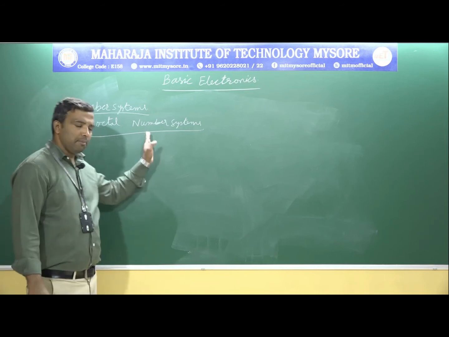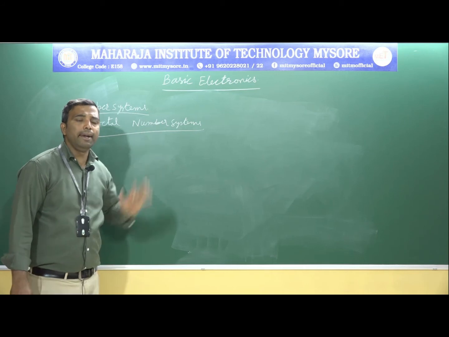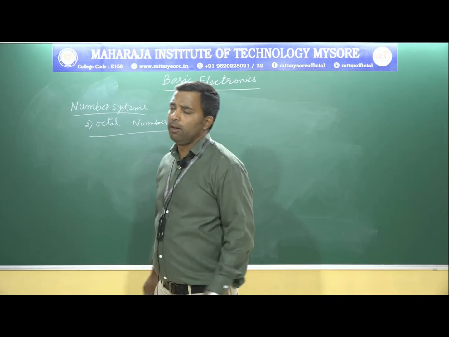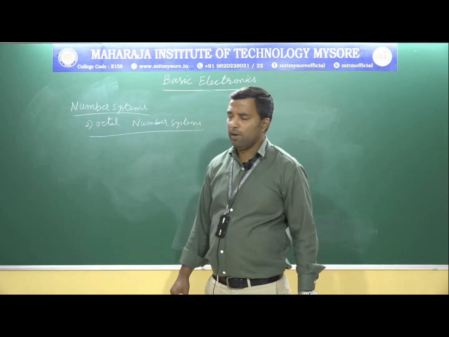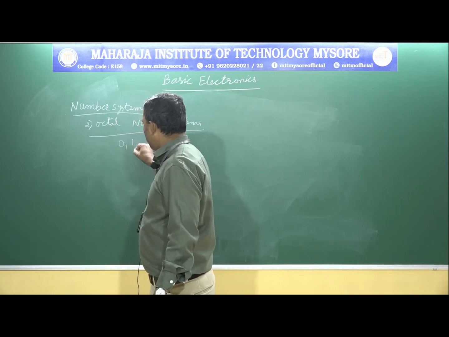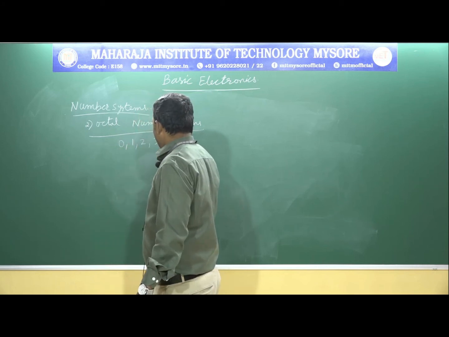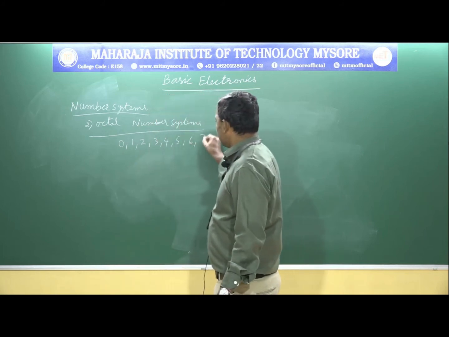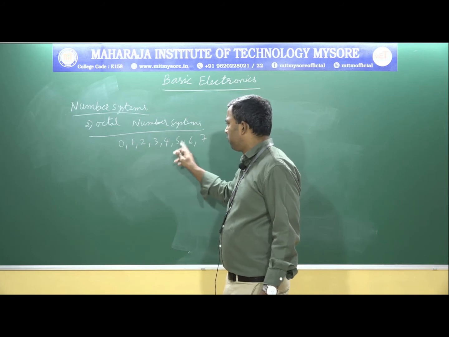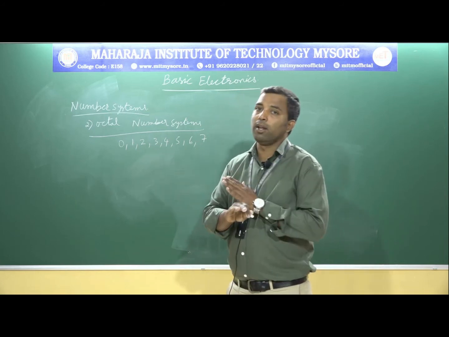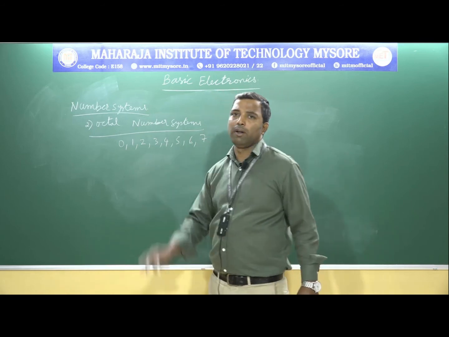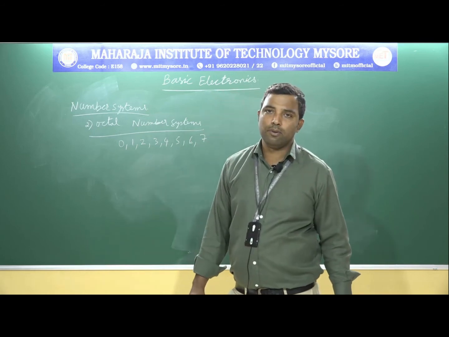In this number system, 8 numbers are used to represent octal numbers. That is, the octal digits are 0, 1, 2, 3, 4, 5, 6, 7, totally 8 numbers. 8 is not an octal digit. 0 to 7 are the octal numbers.